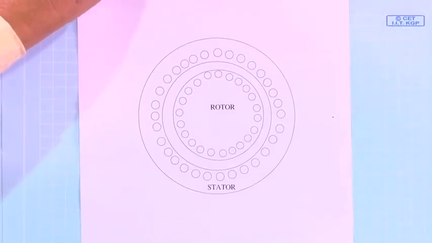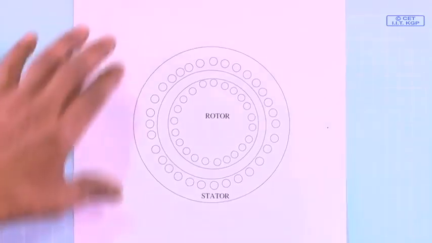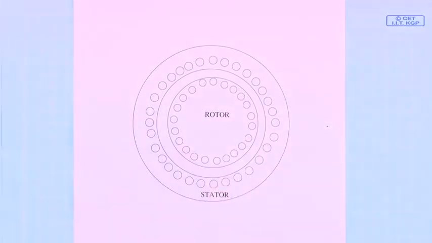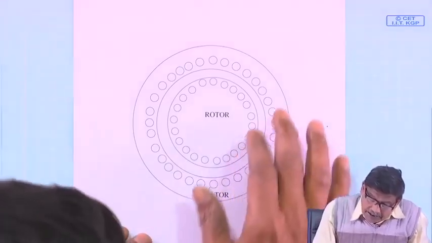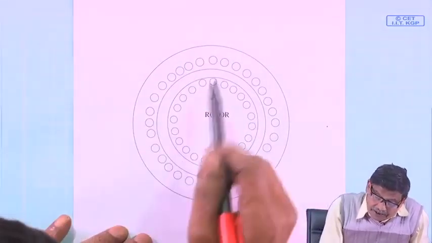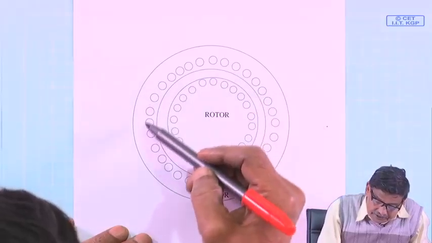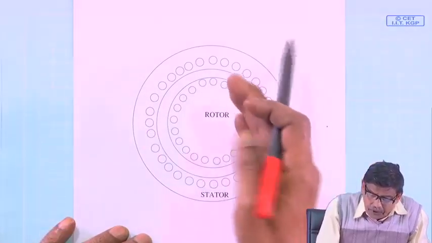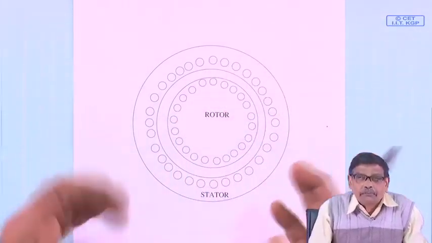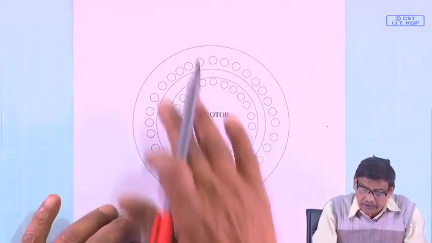I have made one template so that I do not take too much time drawing. Now, let us come to the actual machine. Here is a machine, this part is the stator, and it houses 3-phase windings. I have not shown which one is R1, Y1, B1. I have followed that rule and got these windings.